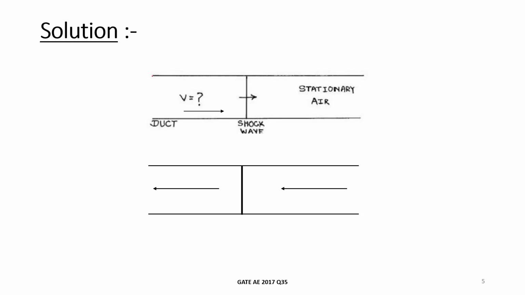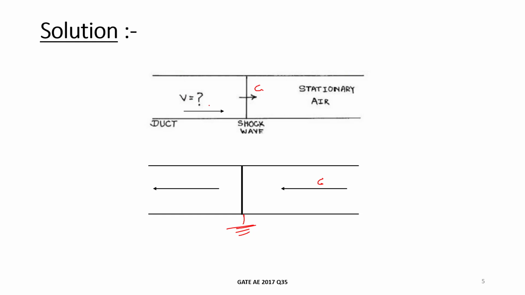So this is the duct which is given, and one shock wave is moving into stationary air. So now we will fix this shock wave by using the Galilean transformation. So this shock wave is fixed. When this shock wave is fixed, let's say this shock velocity is c. So we have to add velocity c in the opposite direction in all the flow. So this velocity here will become c.